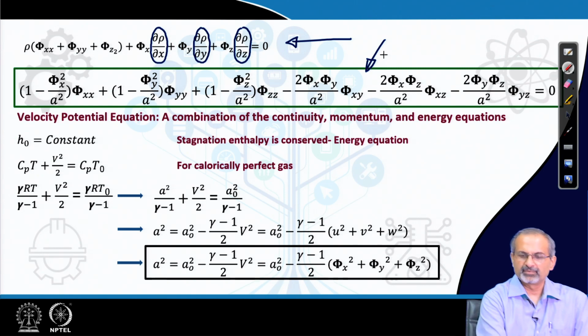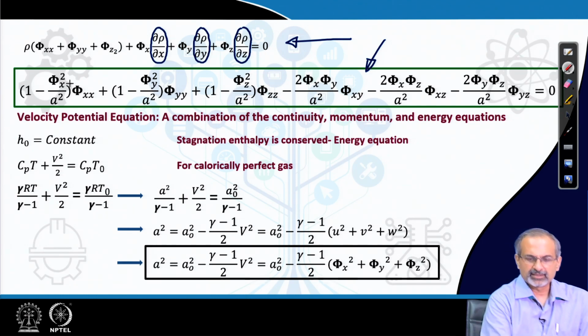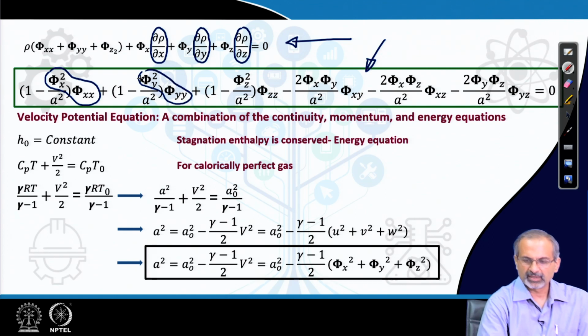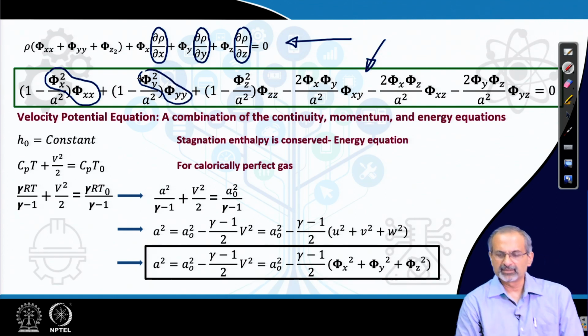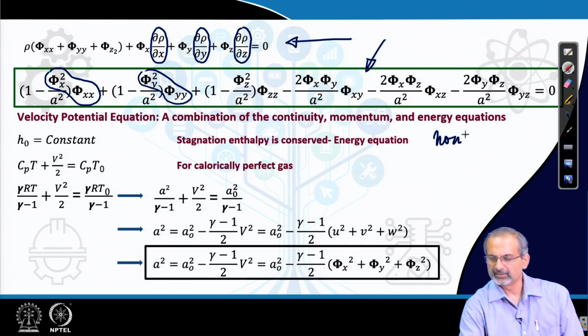It is a fairly long equation involving first and second derivatives of phi, but as you can understand, there are many terms where products of derivatives are involved, and that is going to give it a non-linear behavior.